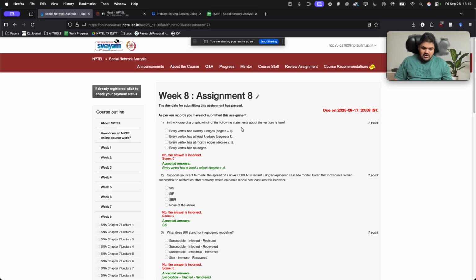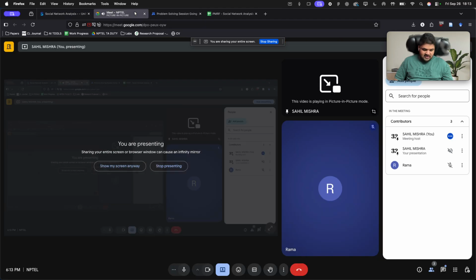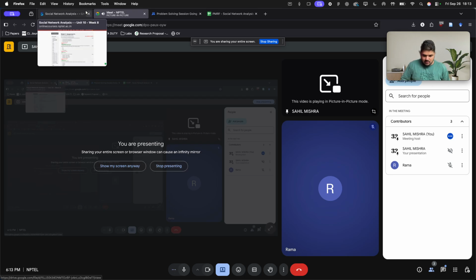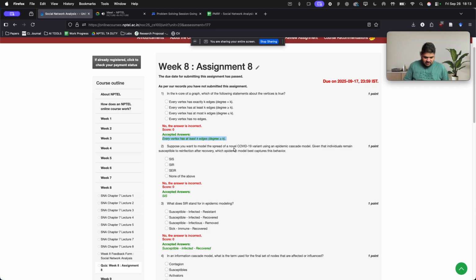So week 8 was all about information cascading. A K-core is a graph in which every vertex has at least k edges. That is a K-core. Suppose you want to model COVID-19 using an epidemic cascade model, given that an individual remains susceptible to infection after recovery.